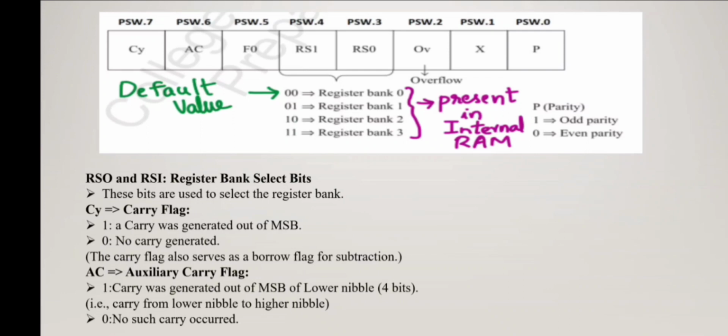If we add two positive numbers and there is a confusion in the sign, then we can say that an overflow occurs. So adding two positive numbers, if we get a negative number, an overflow has occurred.